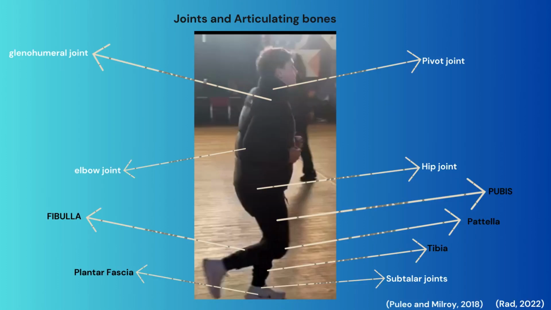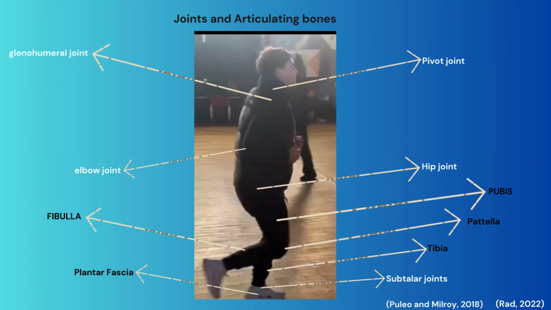Moving on to the joint and articulation bones part, the ones written in white are joints, and the ones written in black are bones. So we can see the pivot joint is from the neck, the glenohumeral joint is for the shoulder, the elbow joint, the hip joint, which is very important in running, and the subtalar joint.